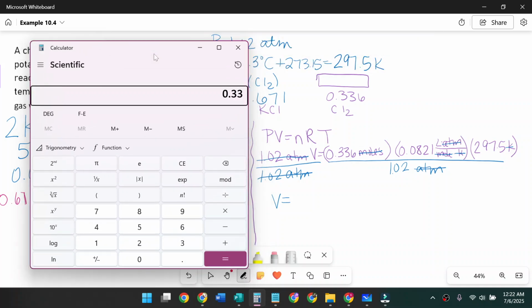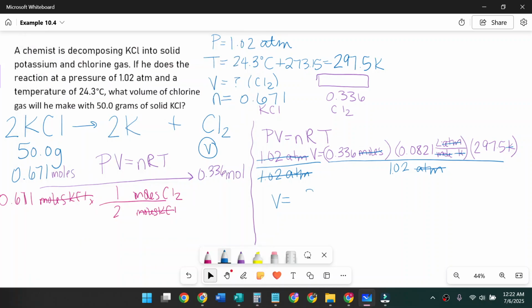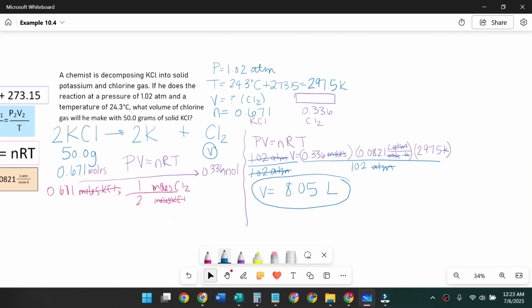So 0.336 times 0.0821 times 297.5 divided by 1.02. So we get, and we have 3 significant figures as our limits, so 8.05. And the only unit we have left is liters, so that's in liters. So that is the volume of the chlorine gas that we can make with 50 grams of solid potassium chloride.